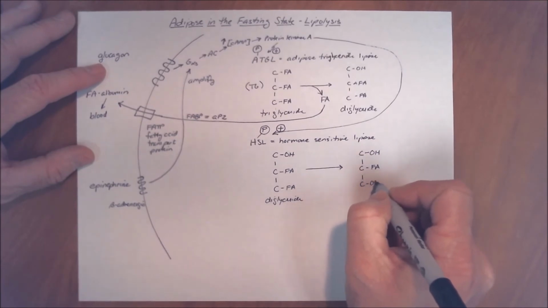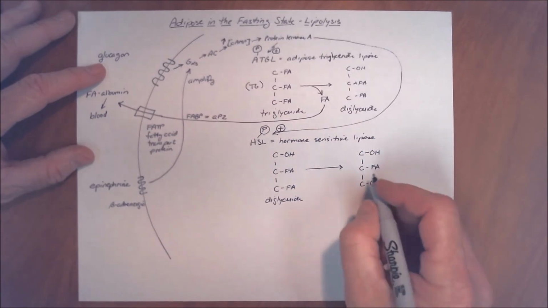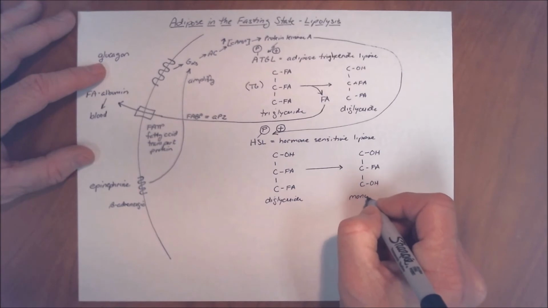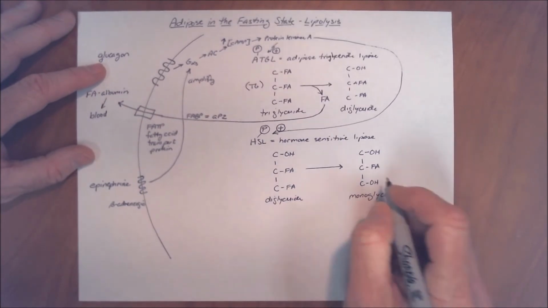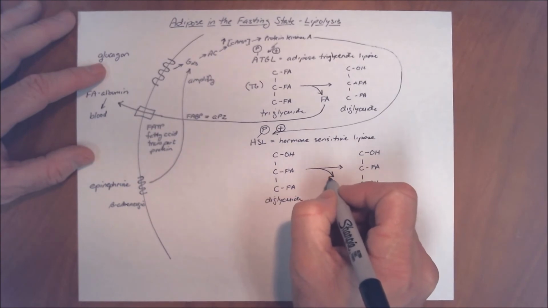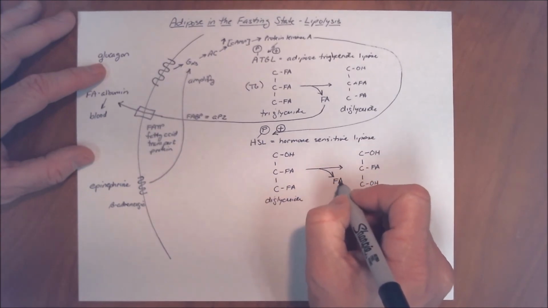The monoglyceride will only have one fatty acid left on it, on the glycerol backbone, and this releases a second fatty acid.